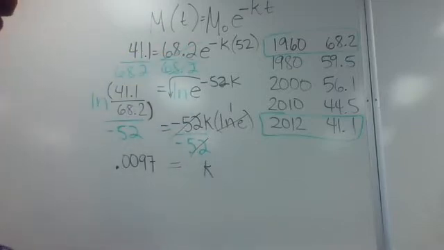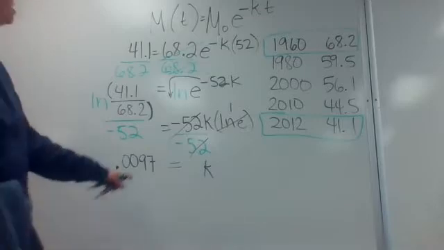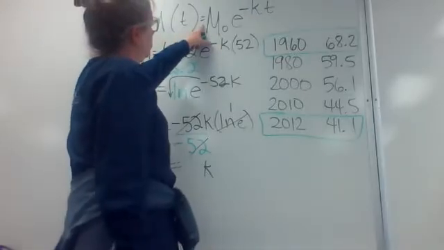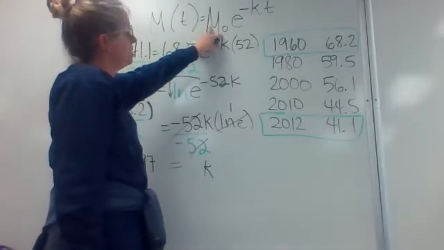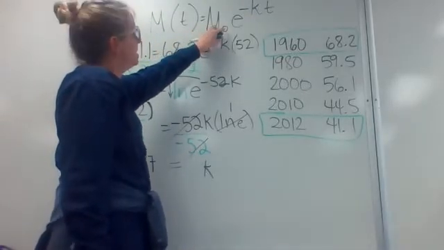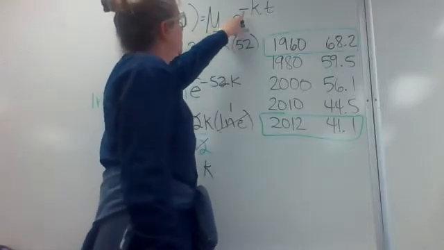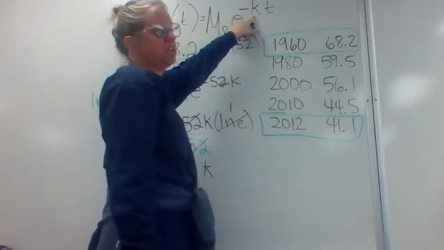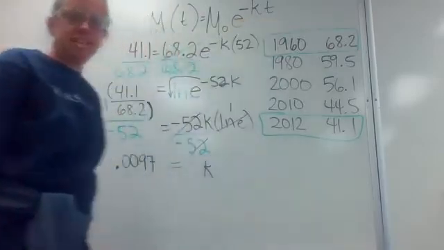So let's see, the formula that I'm going to use from here on out is going to be M of t equals 68.2 e to the negative 0.0097 t.